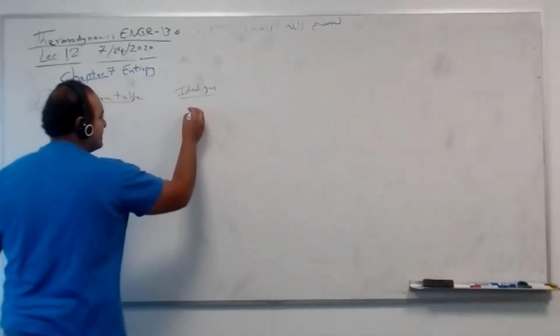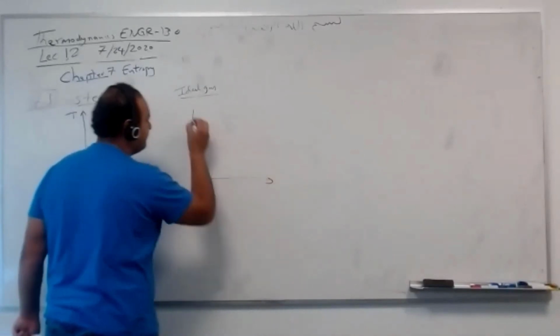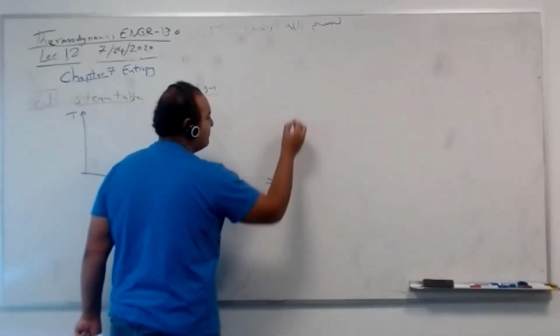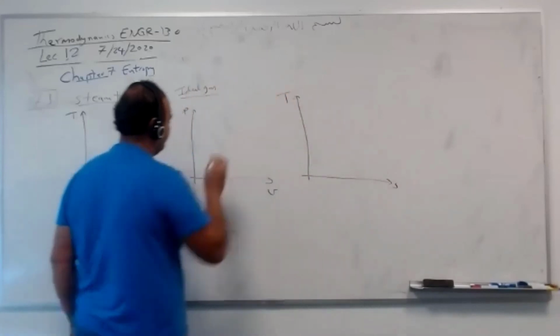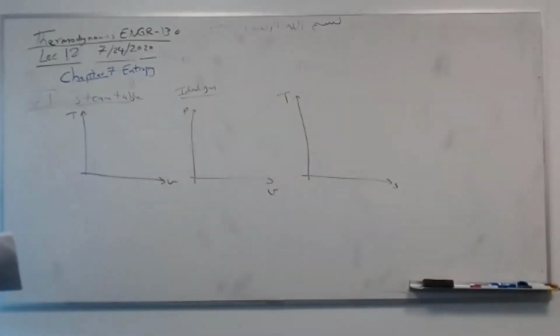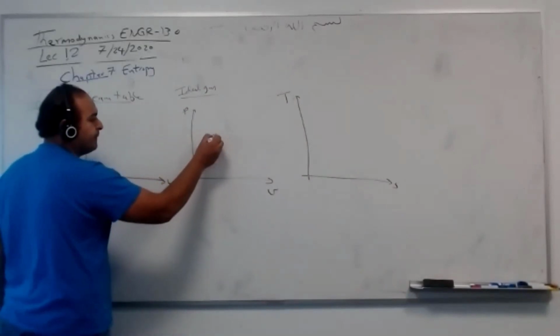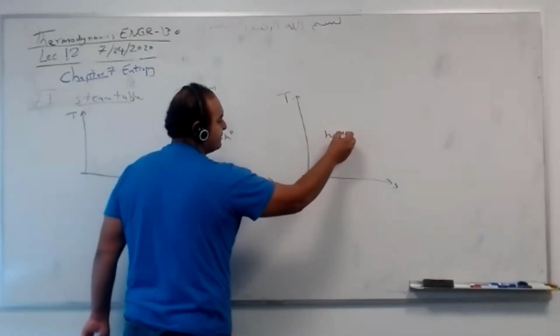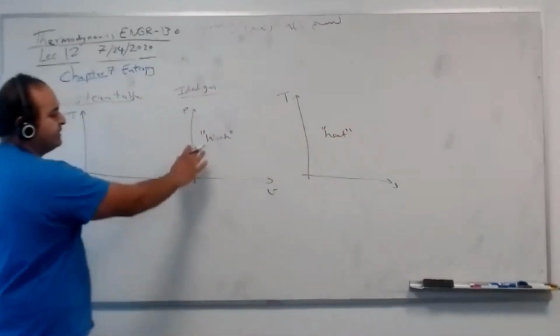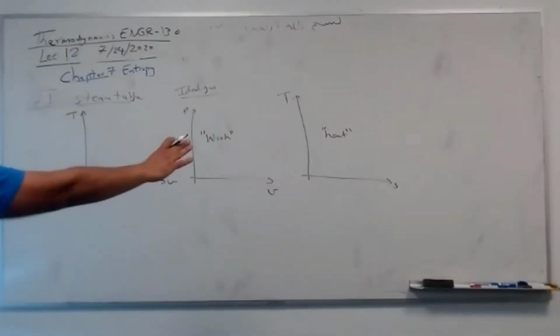So if you have, for example, PV, and now we have TS. This is very good for work. This is very good for heat. Because the area under the curve is work here, and the area under the curve is heat there.